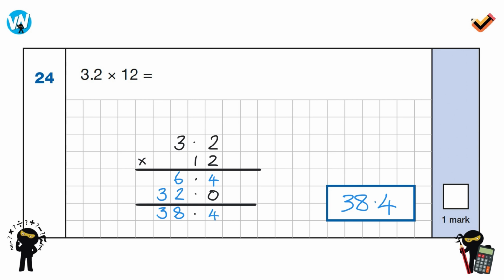The other way essentially to do that, you could look at this one and do quite simply a partition and jot. So in my head, I'd be looking at this problem and thinking, well, I can do 12 times 3, and I can do 12 times 0.2. And that's if you're confident enough to do 12 times 0.2.